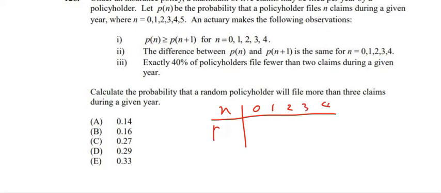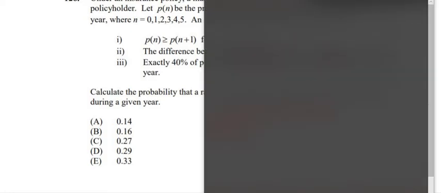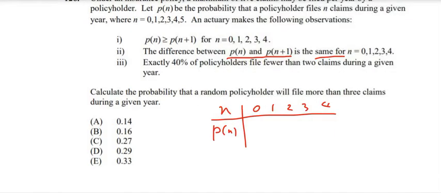So we just find those probabilities. We have some conditions, so that we say the difference between them is the same. Suppose if we find this one, we can find all the others.